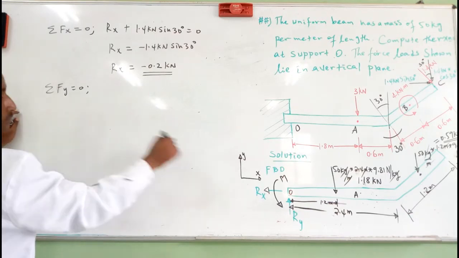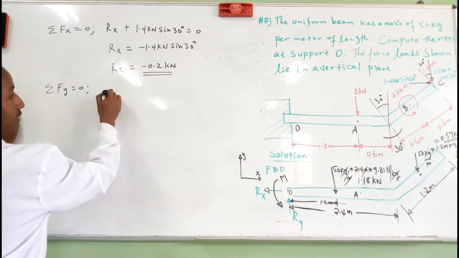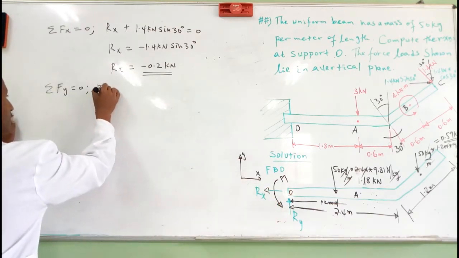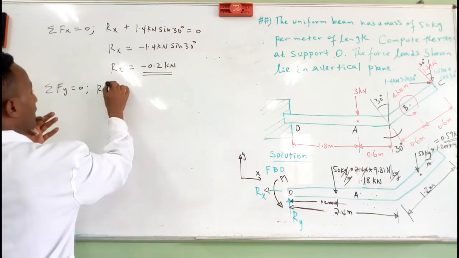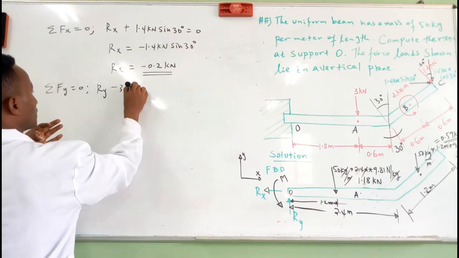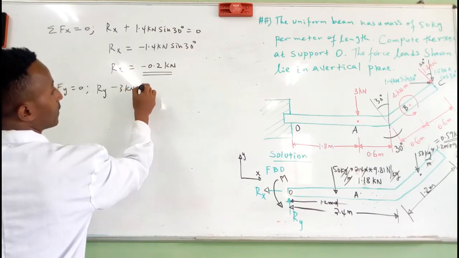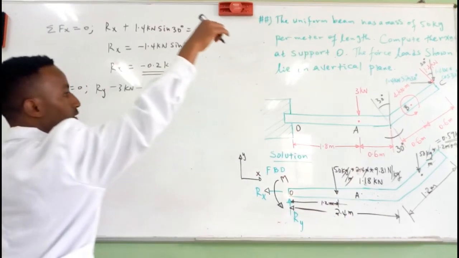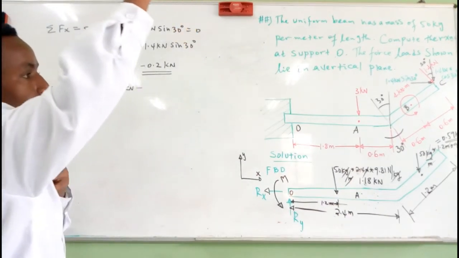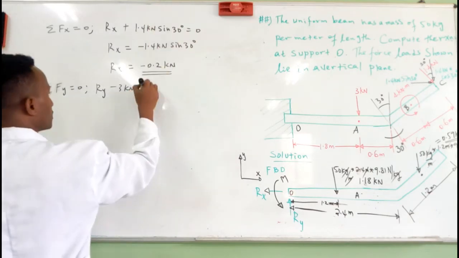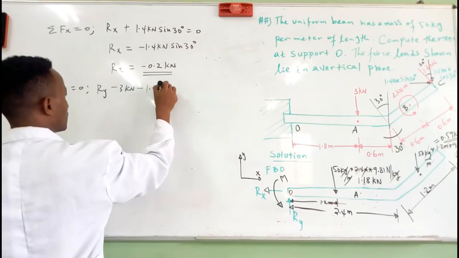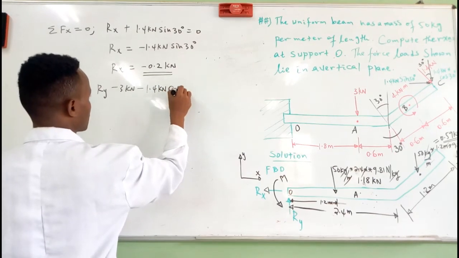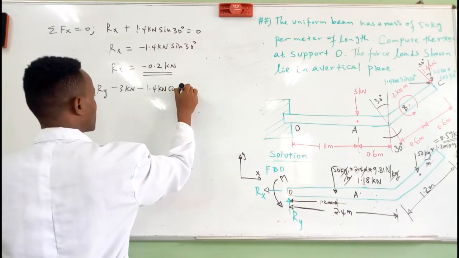So you can start from this one, Ry positive, minus 3 kilonewton. Okay, minus that one, 1.4 kilonewton along y direction, it becomes 1.4 kilonewton cos 30 degrees.